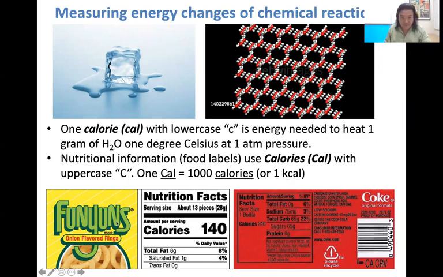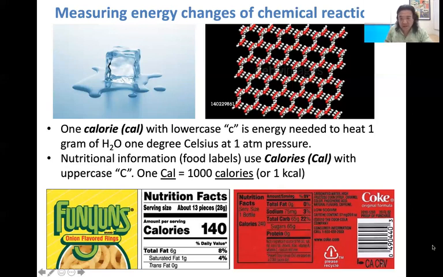If you were to convert all 13 pieces of Funyuns into energy, you'd have enough energy to heat 140,000 grams of water, or 140,000 mLs of water, 1 degree Celsius. That's actually quite a bit of energy if you think about it.